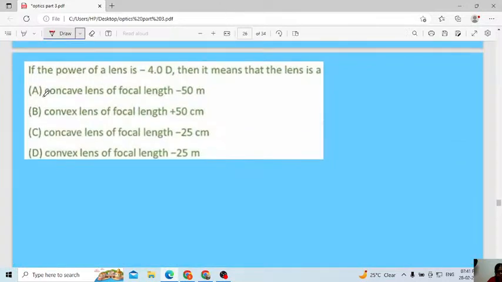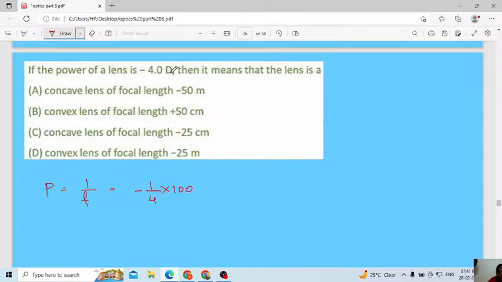Next question. If the power of a lens is minus 4D, then it means the lens is... Substitute power of a lens, it will be 1 by f, then minus 1 by 4 into 100, correct now? Because you have to convert, they are asking in terms of centimeter, here they are given in terms of meter.